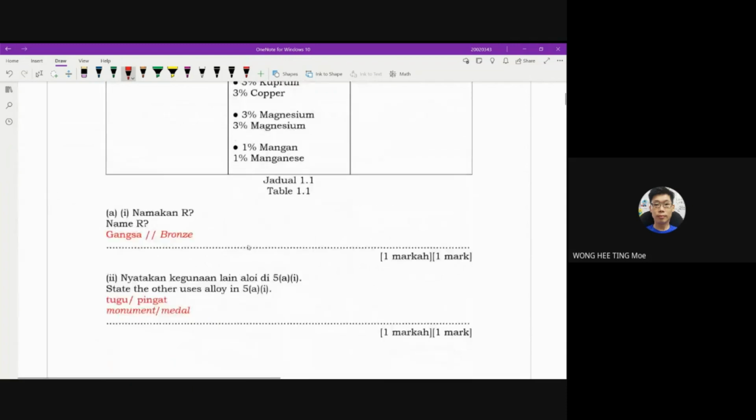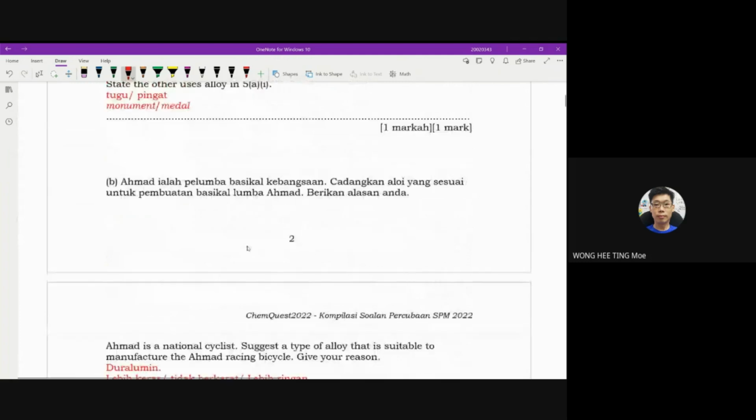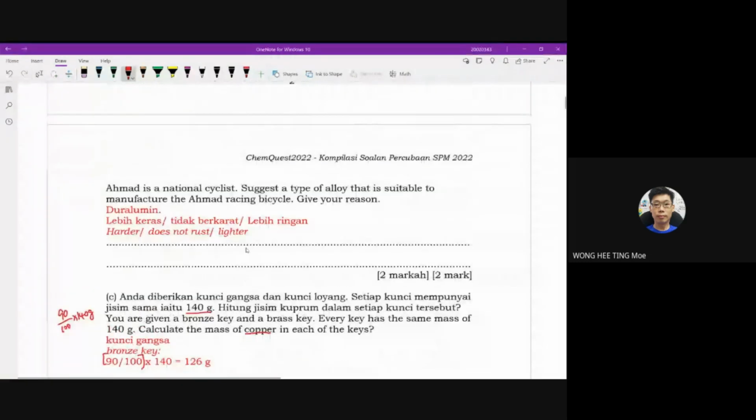So what is the mass of the copper in the brass? What is the answer? Can you type your answer? Ivy, what is the answer? How many grams for the brass key?